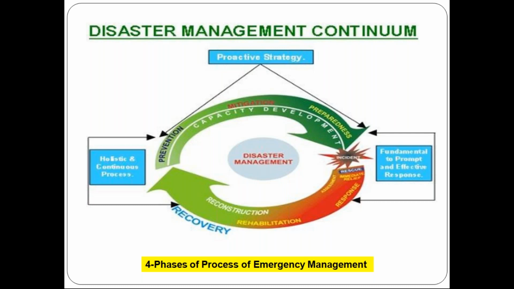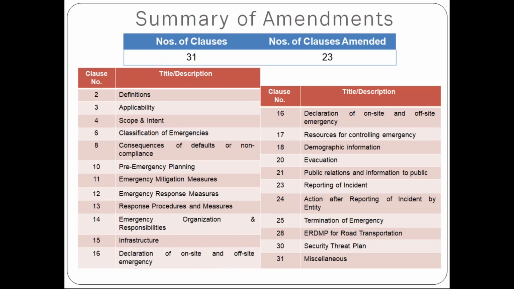Now, this is the typical structure. I will not go into the details, but this is the regulation. There are various clauses. This regulation has 31 clauses, which talk about the various aspects of the emergency response and disaster management plan.